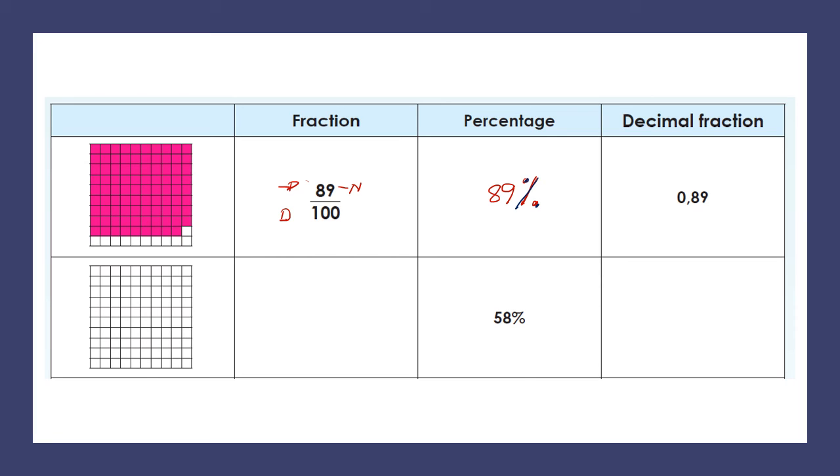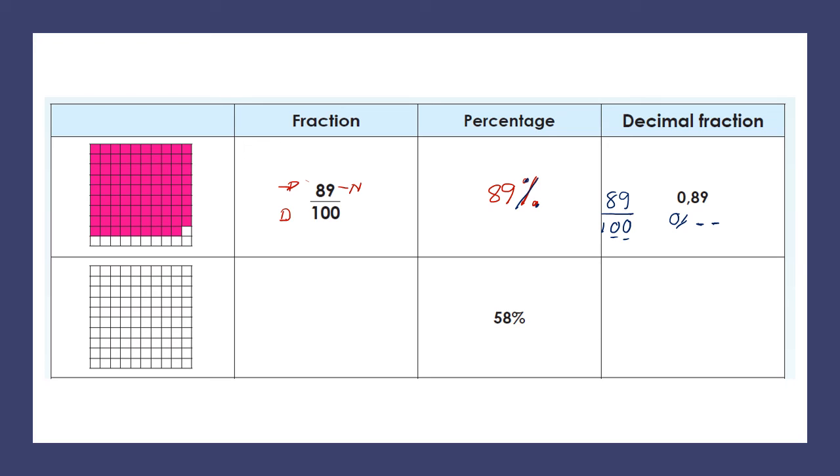And your decimal fraction would just be, see where the comma is? How many spaces is it behind the comma on the right-hand side? If it has 2 spaces, you know it was 89 over 100, because those 2 spaces indicate the spaces on the right-hand side of the comma.